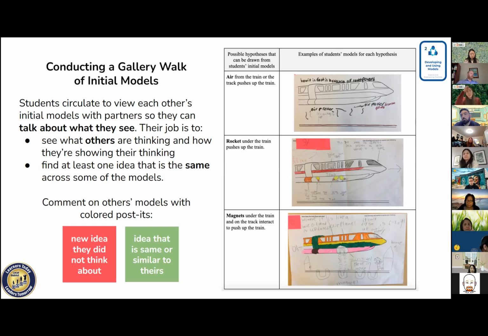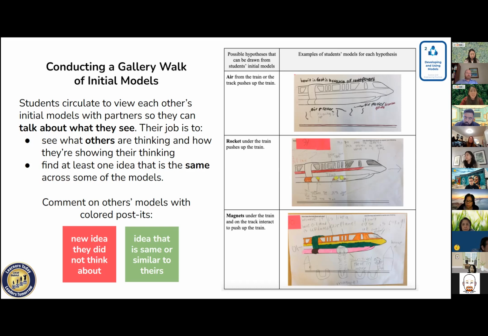So we can use colored Post-its, maybe a red Post-it for them to jot down a new idea they didn't think about, and a green Post-it for ideas that are the same or similar to theirs. It really just helps them to visualize and, like I said, validate, right? And you might even see that there are possible hypotheses that can be drawn from these initial models.